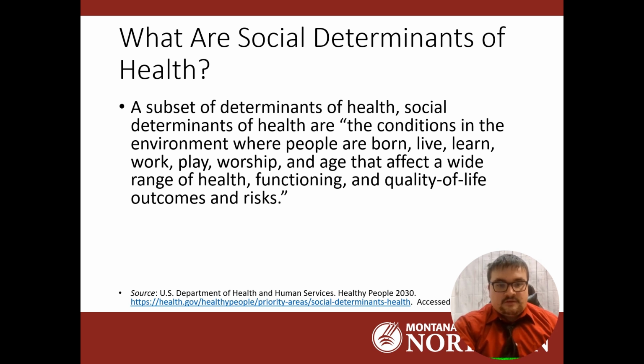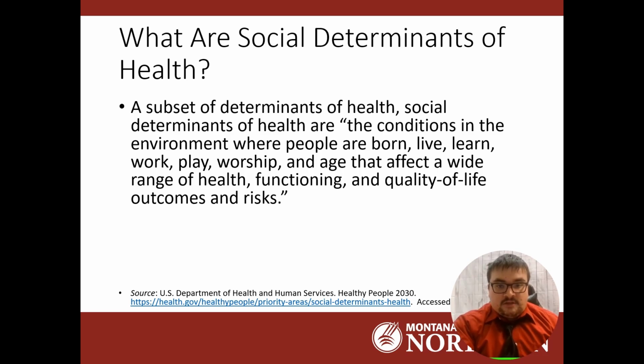So some other examples can include your housing conditions. Are you overcrowded or exposed to toxins? Your education systems, so availability of quality education, opportunities for lifelong learning. Then there's workplace conditions, such as safety and job security, access to healthy foods. Do you have fresh produce or are you in a food desert?